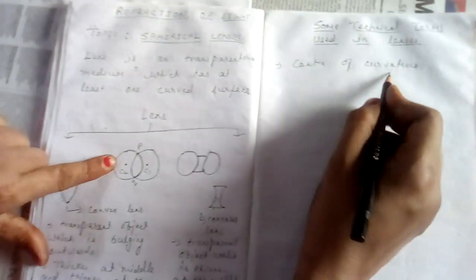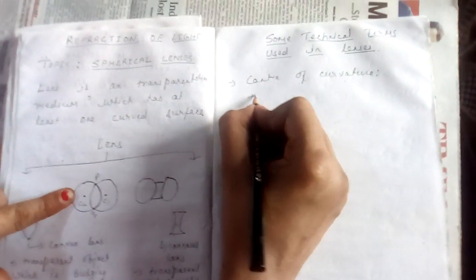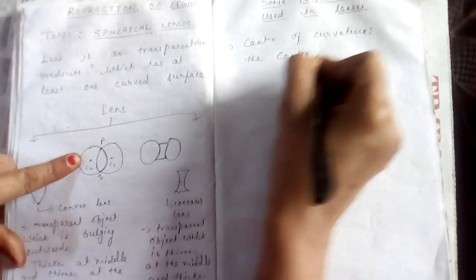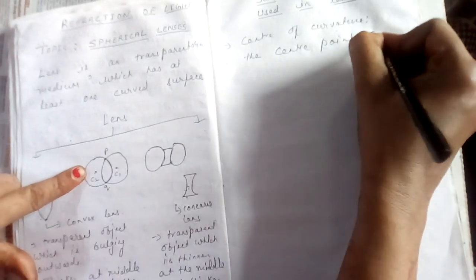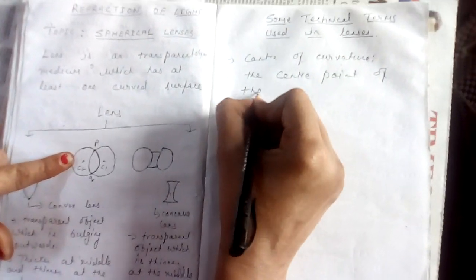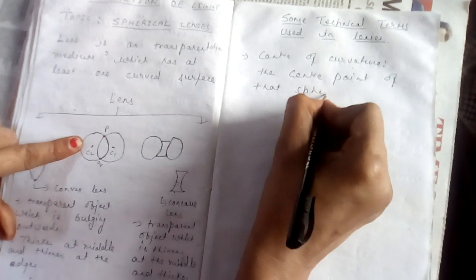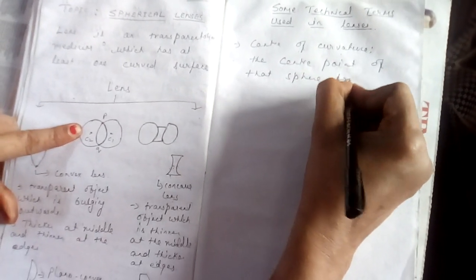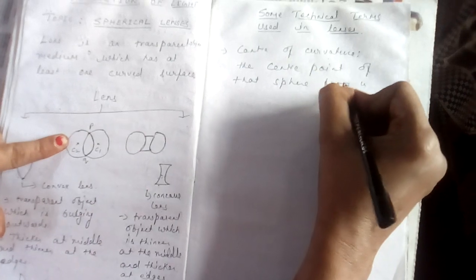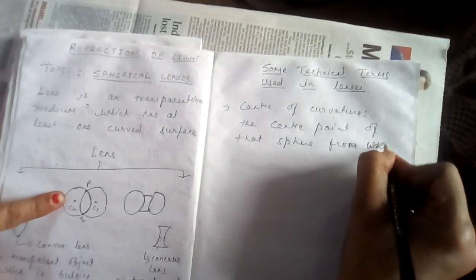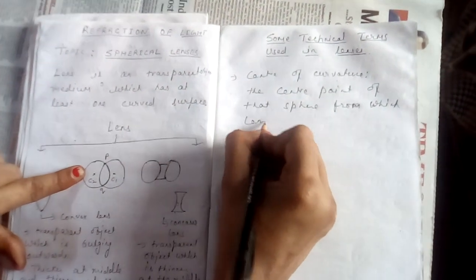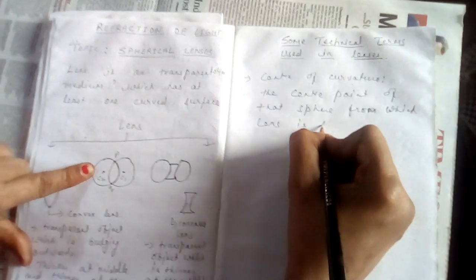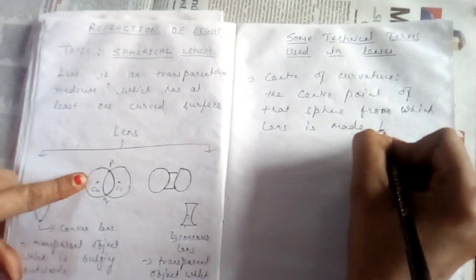The center of curvature is the center point of the sphere from which the lens is made. So you have understood center of curvature.